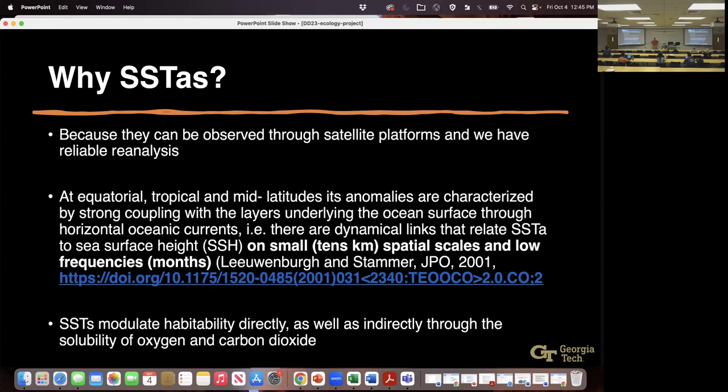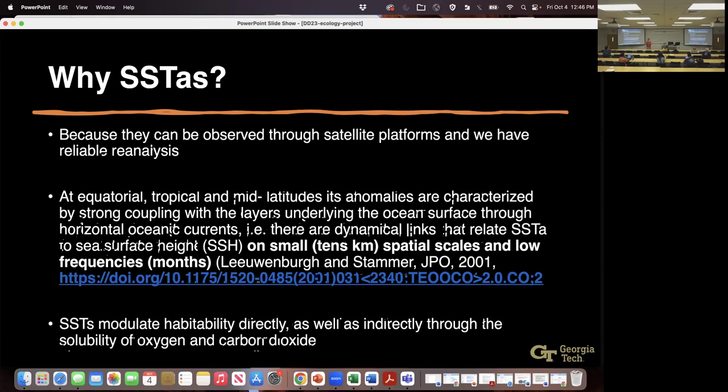So the heat fluxes will determine what your SST are, because you are warming or cooling from the top, and the ocean is responding to that. Currents are going to determine variability at scales that are a little bit smaller than what the atmosphere can do, because the Rossby deformation radius is smaller, and your variability in terms of current is associated with the stability that you have in the ocean, which depends on that Rossby deformation.